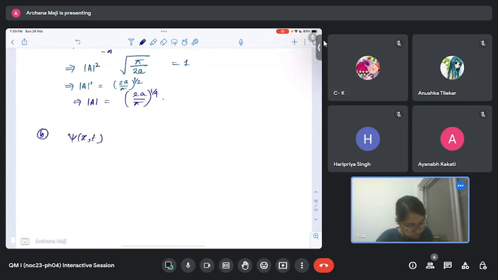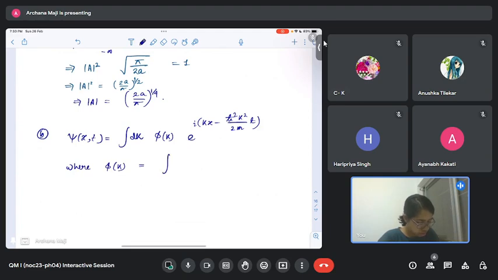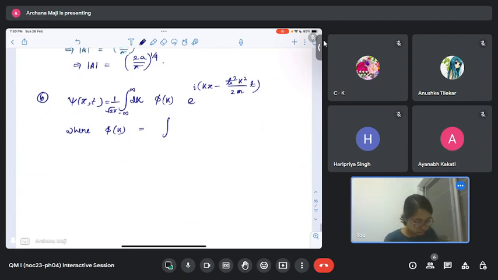Psi(x, t) is the integration over dk of phi(k) exponential i(kx minus Et), where E is h cross square k square over 2m, times t. Here phi(k) is the inverse Fourier transform, with a 1 over square root 2 pi, from minus infinity to infinity, of psi(x, 0) dx.